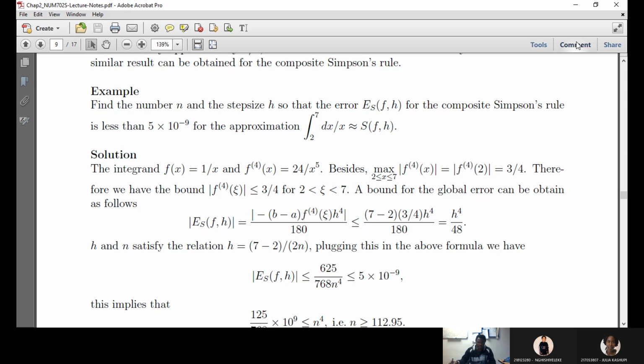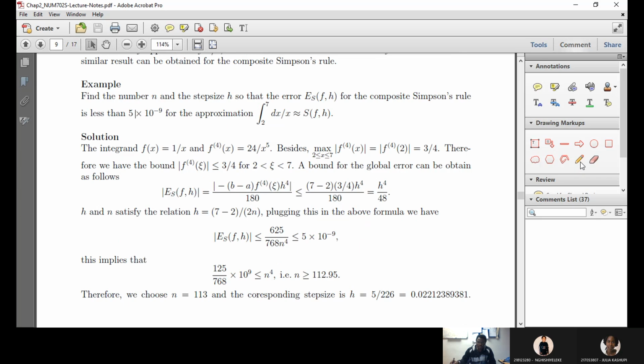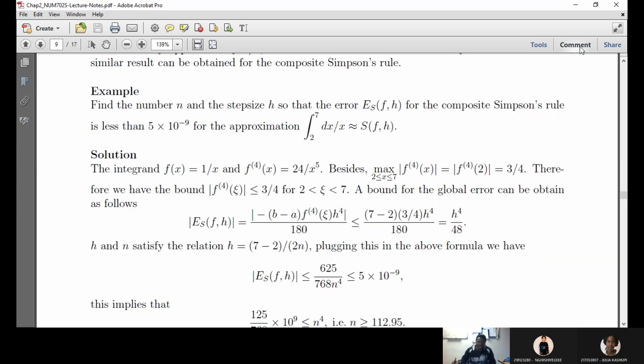I cannot impose this formula directly to epsilon, 5 into 10 to the negative 9. If I apply this, you see that in this expression, I have this fourth derivative with the psi, which I don't know. So if I do this, I will be stuck.